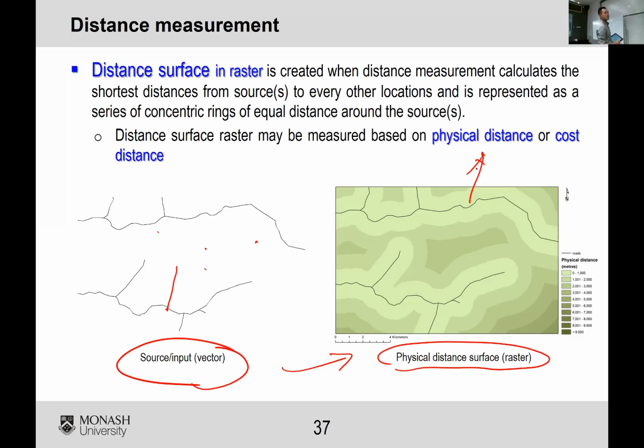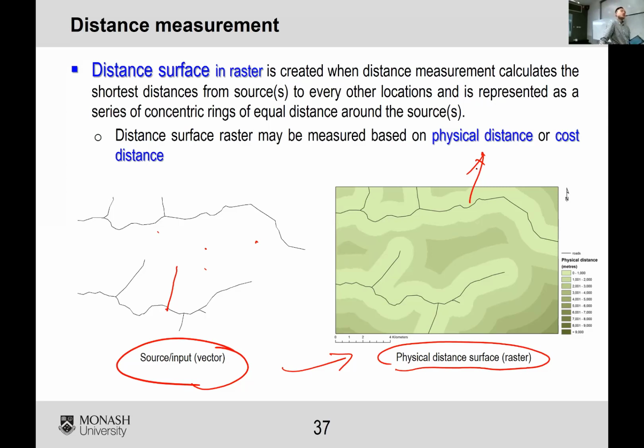But in many analyses we're trying to do, we're not only concerned about the absolute distance, we want to include the cost that we need to spend to travel through these locations. This cost can be very abstract. It can be the time you consume to walk through the location, or the energy if you're going up a slope.